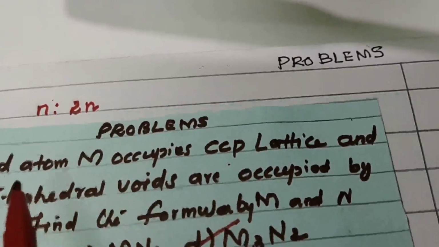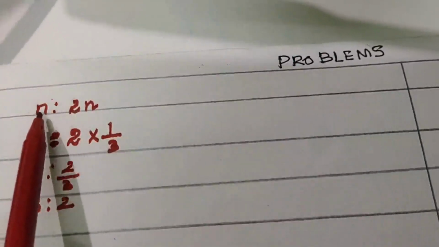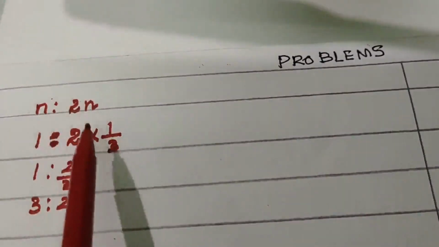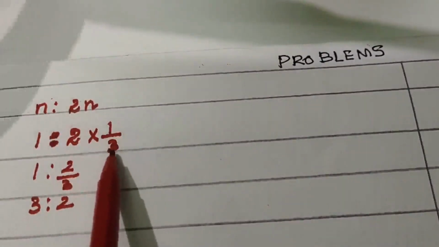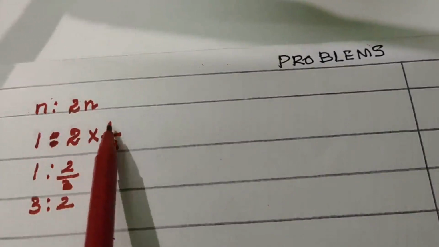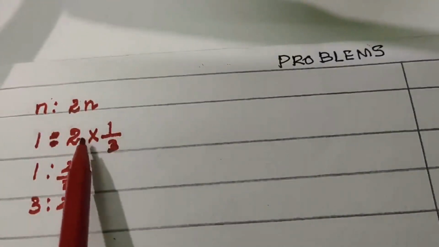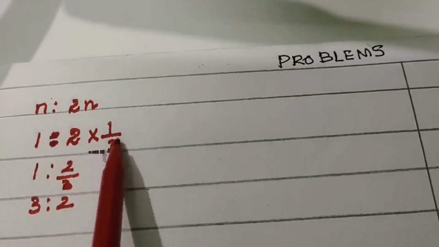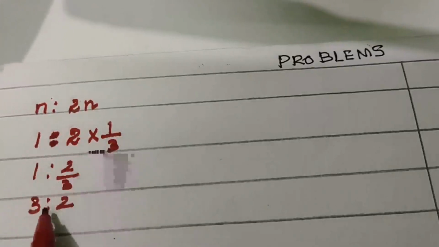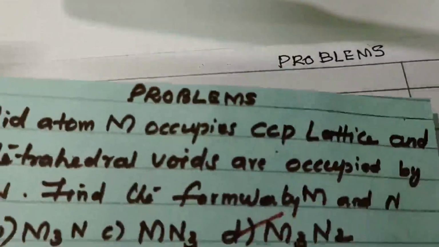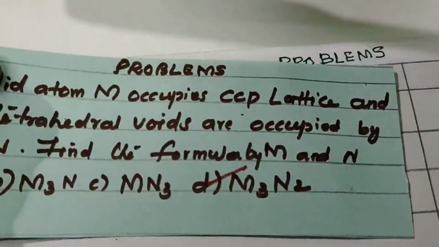So the octahedral void is taken as n, the tetrahedral void is 2n, but only 1/3 of the tetrahedral voids are occupied. So 1 is to 2 into 1/3, 1 is to 2/3, that is 3 is to 2. So the correct formula is M3N2.